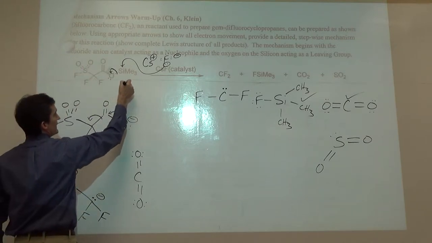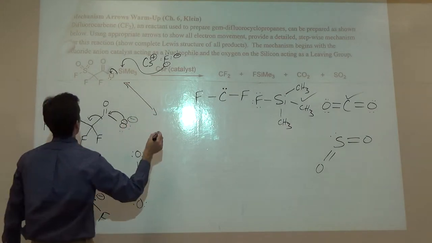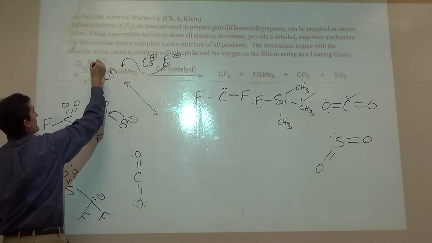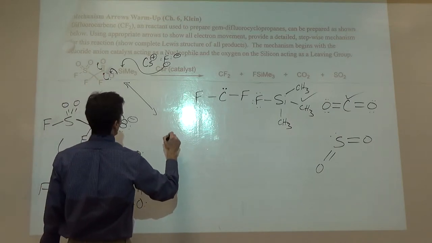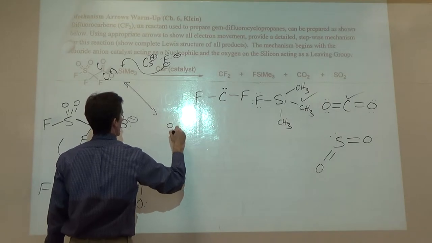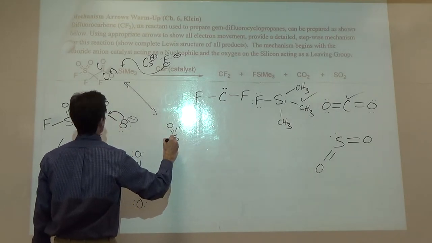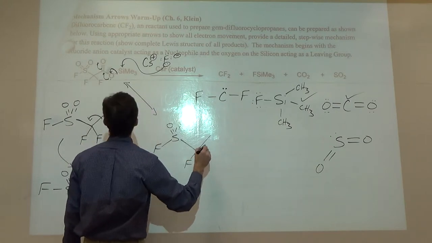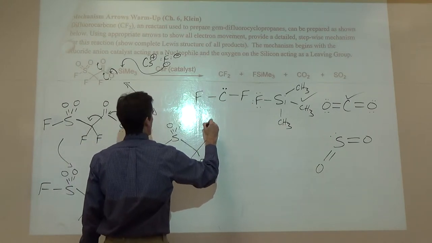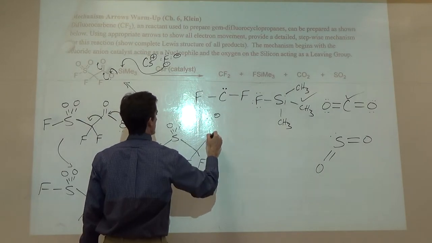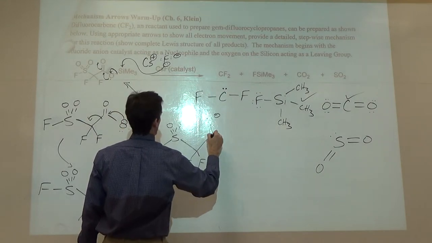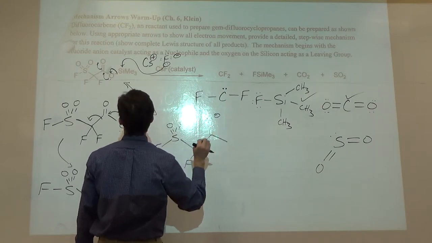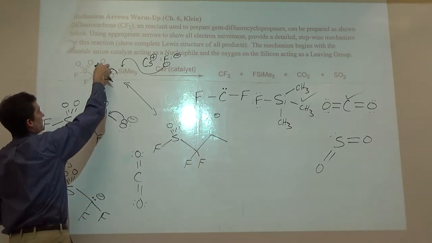Before we did anything, we could have actually shown a resonance structure where these electrons went here and these went up, and we could have gotten just this, these electrons here and these up.